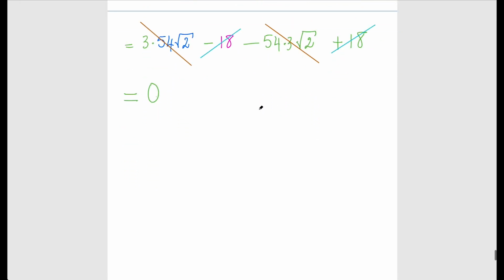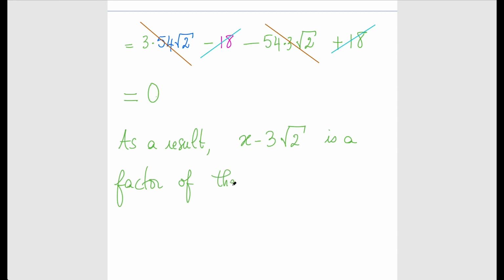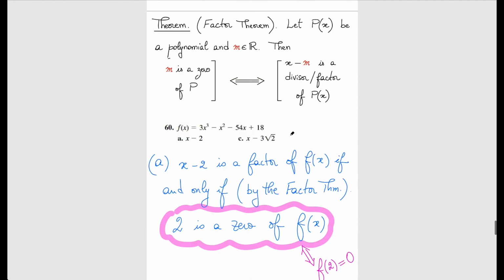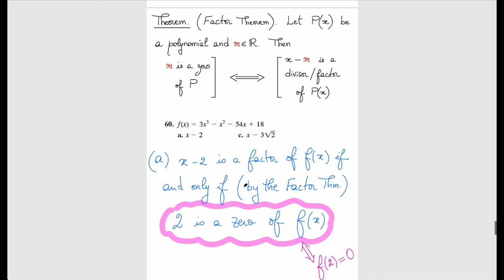So as a consequence then, so as a result, x minus 3 square root of 2 is a factor or a divisor of the polynomial function f of x. Okay? Alright, so these are two parts that make use of the factor theorem.